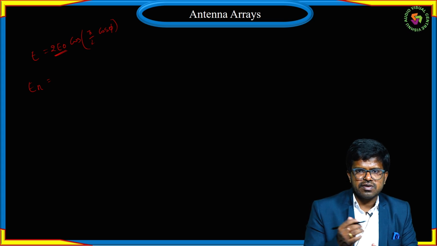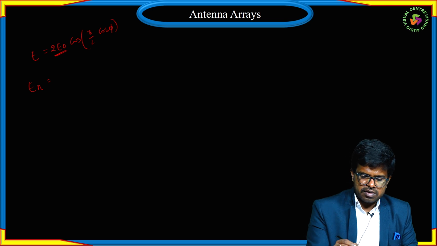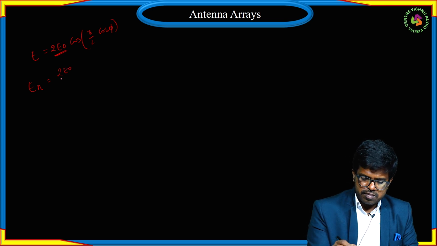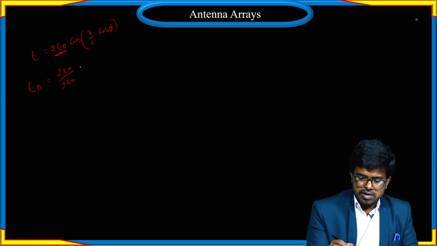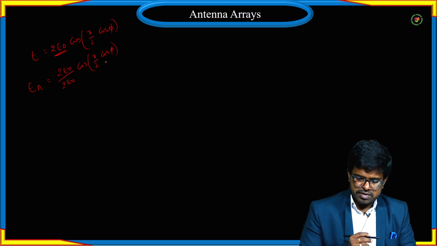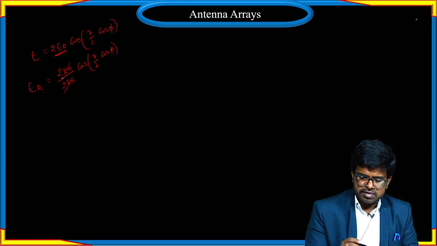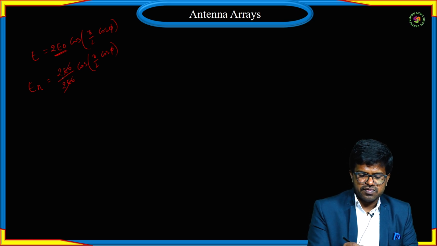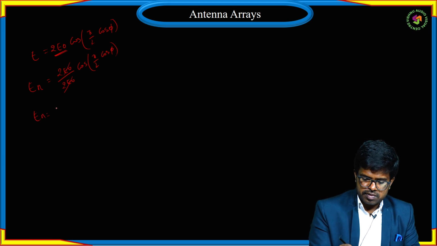So we divide the field equation by 2 E0: 2 E0 by 2 E0 into cos((π/2) cos φ). The 2 E0 gets cancelled. This is your normalized field component: cos((π/2) cos φ).